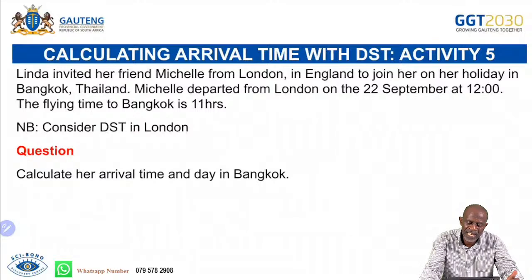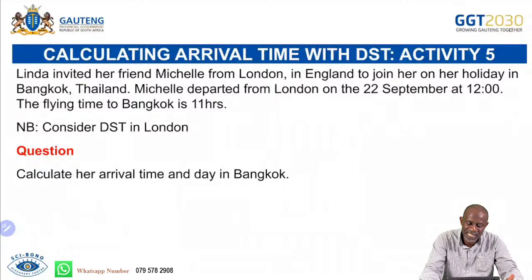Calculating arrival time with DST. As you might realize, the calculations are progressing into a level of difficulty. So we are adding a lot of things to the simple calculation that we started with in the beginning. Linda invited her friend Michelle from London in England to join her on her holiday in Bangkok, Thailand.